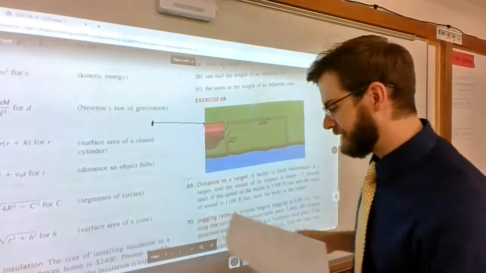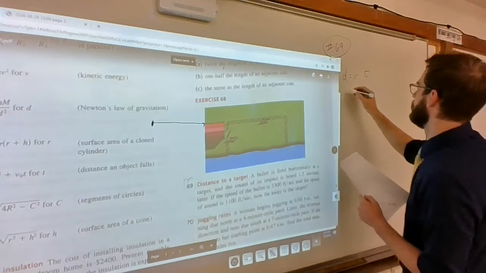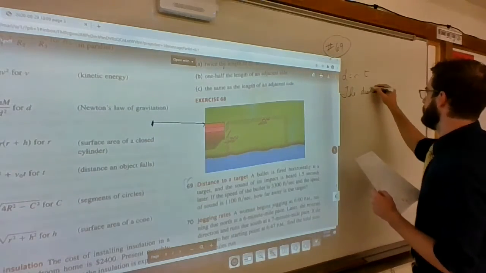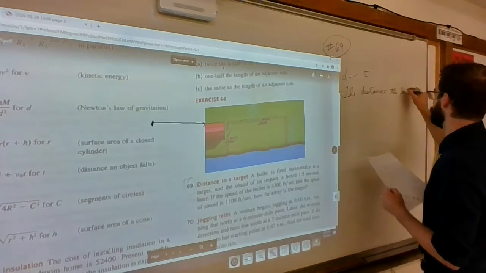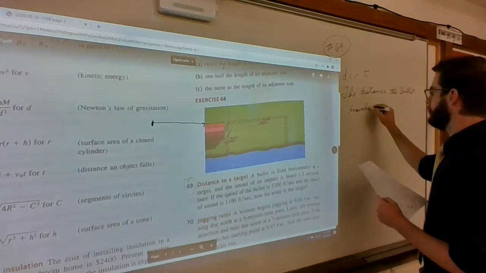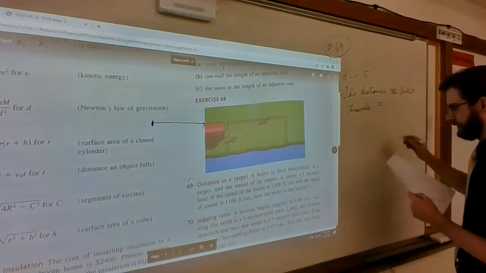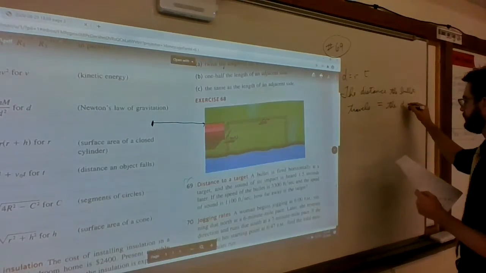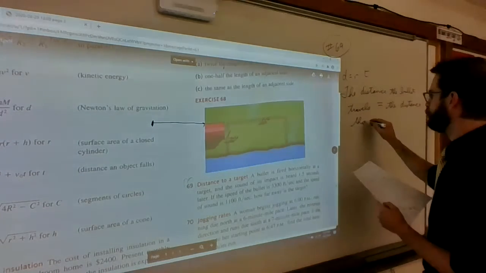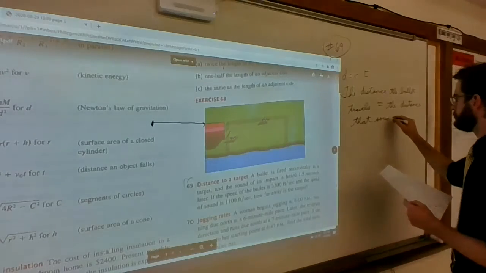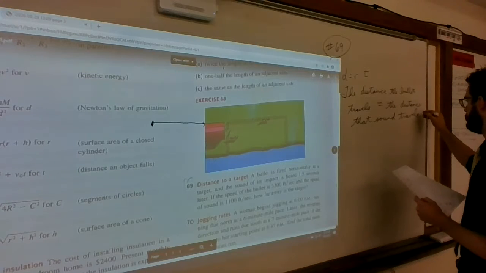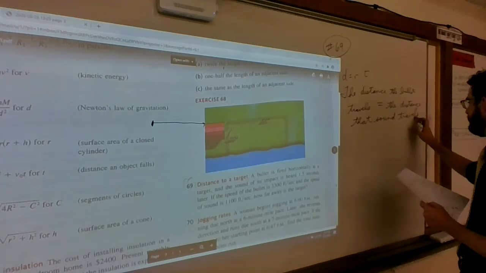The distance the bullet travels equals the distance that sound travels.